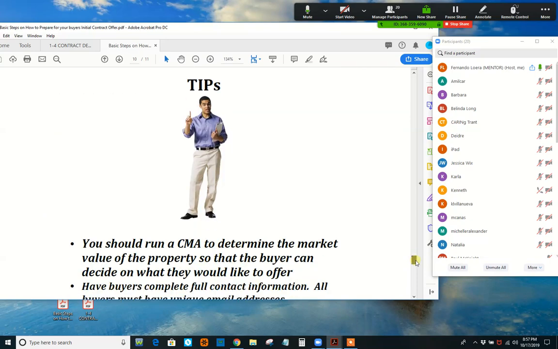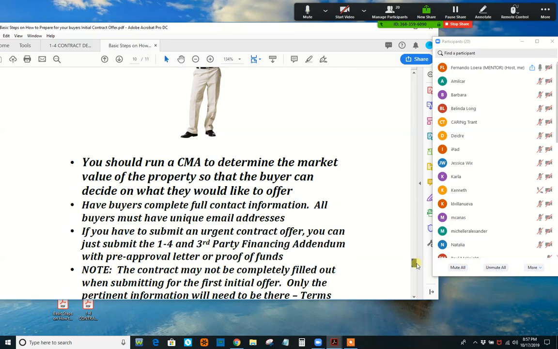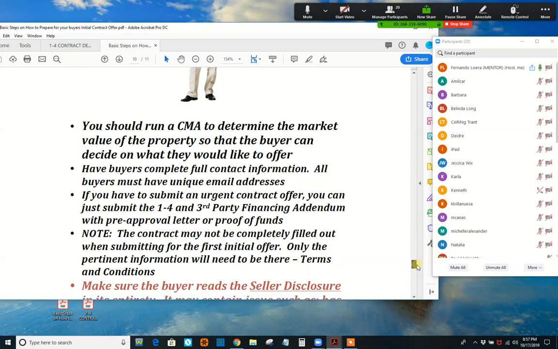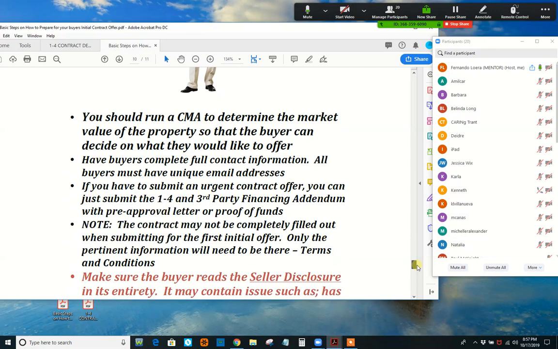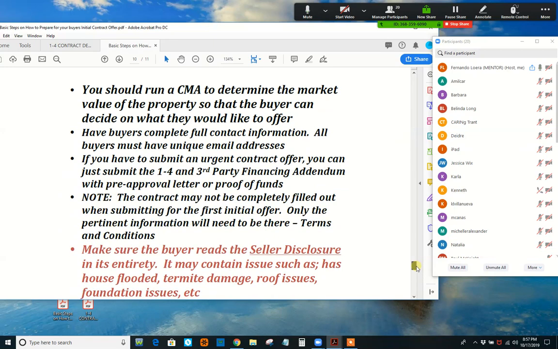So here are some tips. You should run a CMA to determine the market value of the property so that the buyer can decide what they would like to offer. I put that in bold letters so you can ensure emphasis. Have the buyer's full contact information and unique email addresses. If you have to submit an urgent contract offer, you can submit the 1-to-4 and third party only, of course with a pre-approval letter or proof of funds.